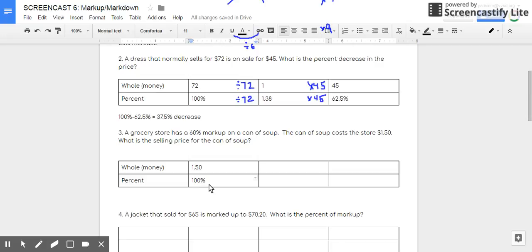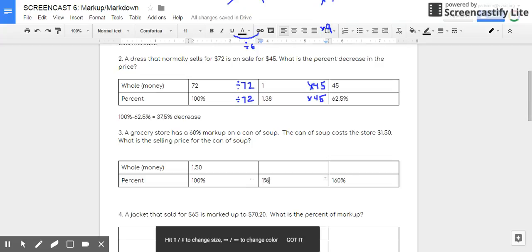So if our original cost was 100% and we add 60% to 100, that means we are trying to find our 160%. That is going to be the price of the markup of the can of soup if it's being marked up 60%. We cannot go from 100 to 160%, so I left this middle column open to find our unit rate.